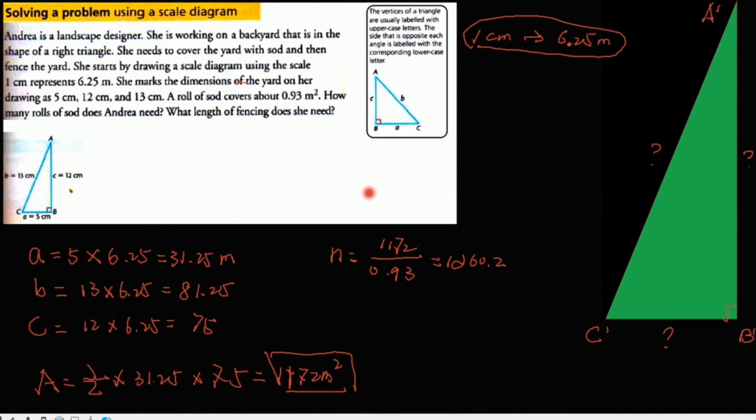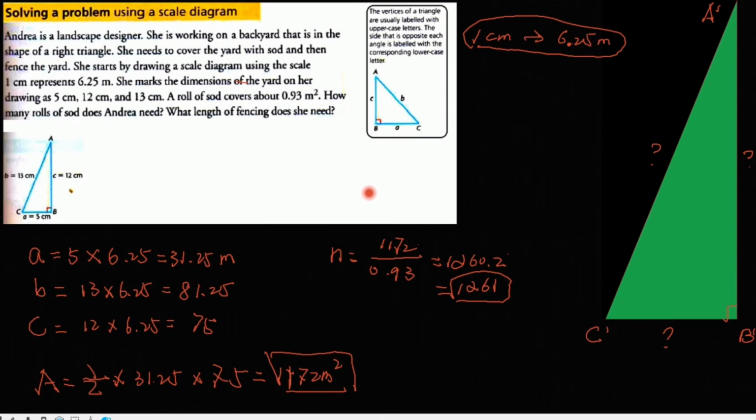If you buy sod, you can buy a part, so it should be 1261. No matter how small the decimal, we round up. So how many rows of sod? 1261. Okay, so that is the first question.